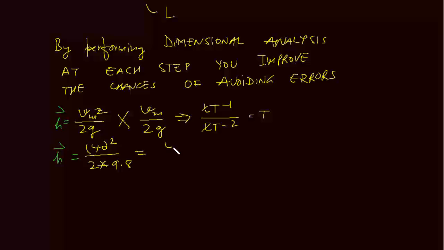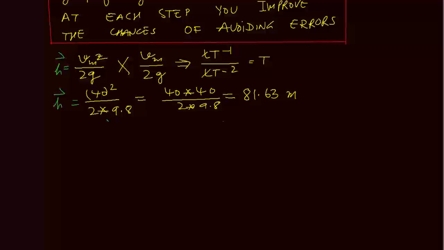So this is 40 multiplied with 40 divided by 2 multiplied by 9.8, and the value of this, let me calculate, is 81.63 meters.